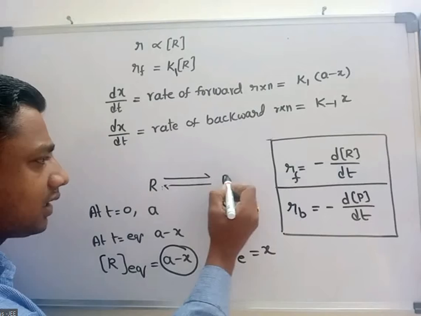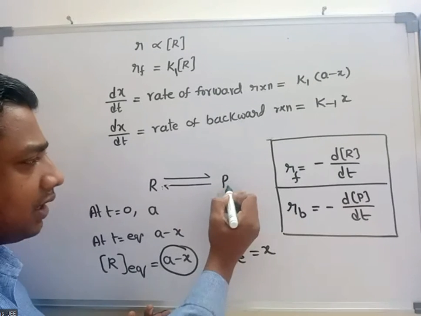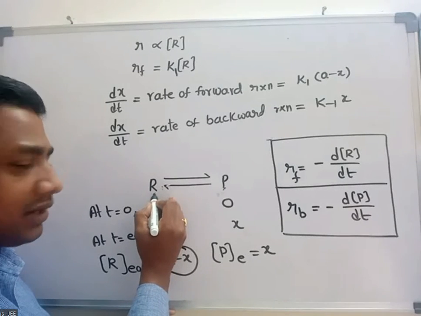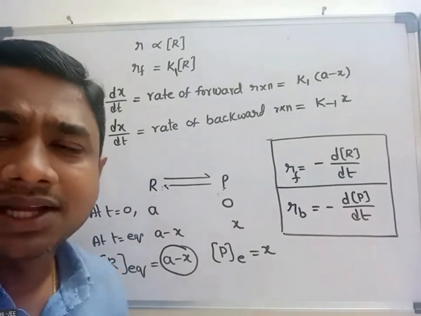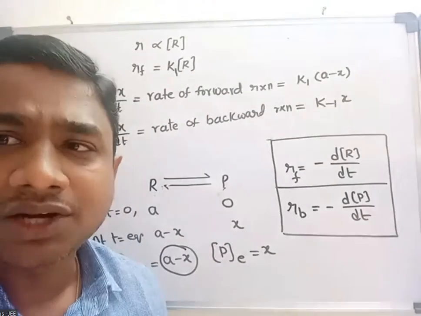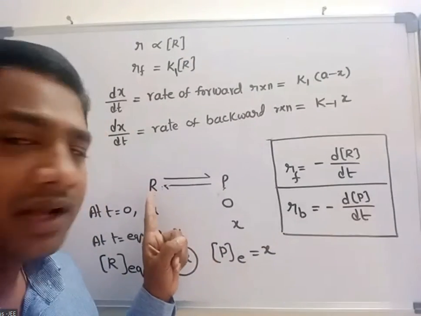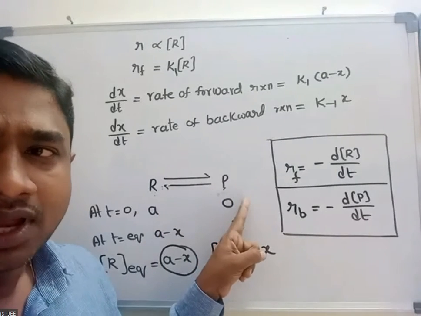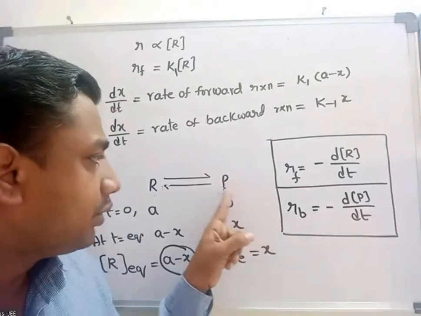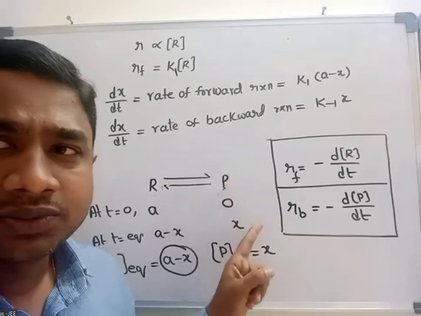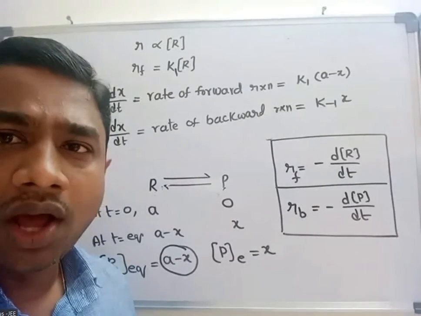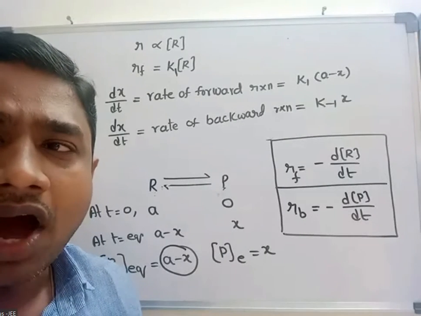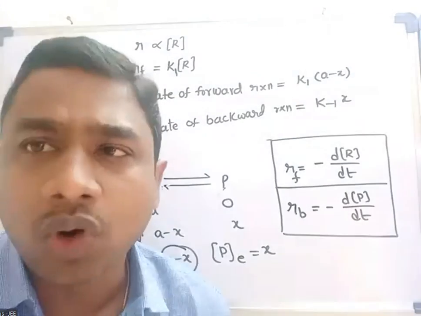The reactants are converted into products, and then the products are also converted back to reactants. As concentration decreases, the rate of the reaction decreases. The rate of the forward reaction decreases due to the decrease in the concentration of reactants, and the rate of the backward reaction increases due to the increase in the concentration of products. That's why two reactions are going on, and the net rate is the rate of the forward reaction minus the rate of the backward reaction.